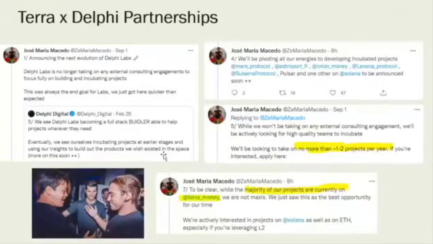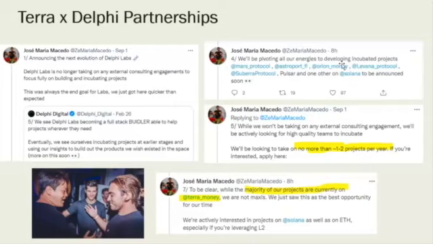So this is Terra. Terra also has a very, very close partnership with Delphi Digital. Delphi recently announced that they are no longer taking any consultation engagement, Delphi Labs, and they will be focusing more on incubating projects. And you can see that they are incubating all these protocols: Mars, Astropod, Lavana, Sabira. So 4 or 5 out of here, right, are all on the Terra ecosystem.